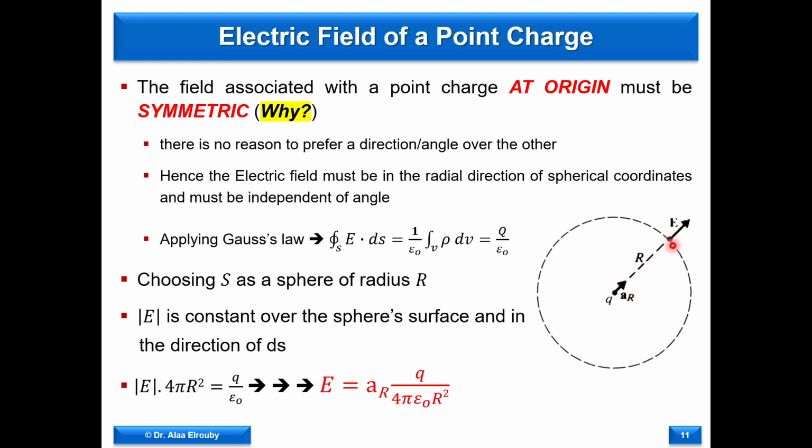Why? If this point is moving on this circle here, there shouldn't be any difference, because from any observation point, I just see something at the origin that is r away from my point. So there must be symmetry.